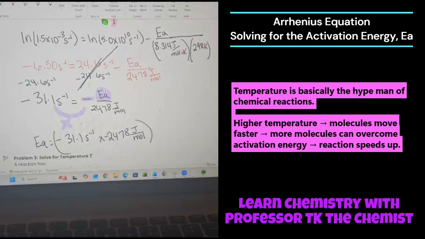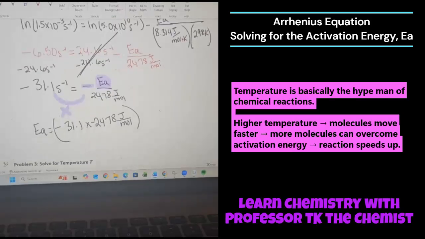But anytime you have those natural logs, guess what? The unit cancels out, okay? Anytime you have those natural logs, the units cancel out. So now you're left with multiplying this part right here, okay? You're going to multiply those two numbers together, and then you will end up with your answer, okay?